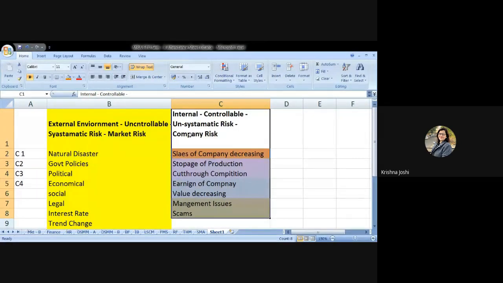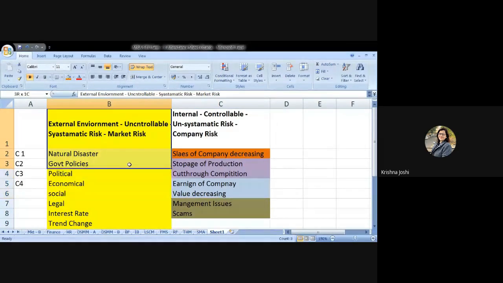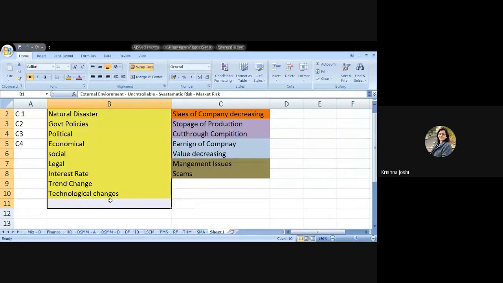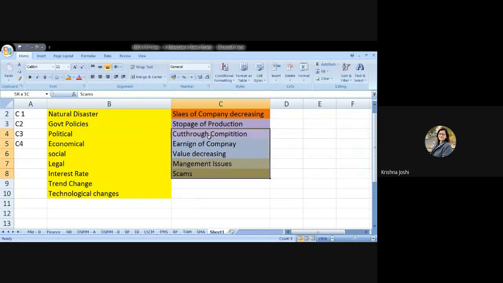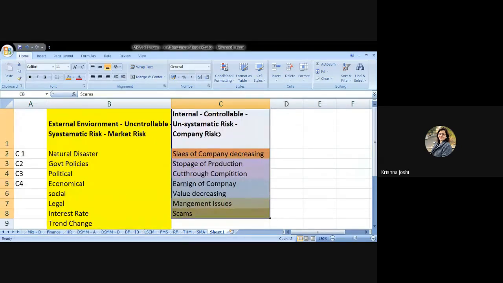On the other hand, the share price also bears unsystematic risk, which arises due to internal factors, which are controllable and company specific. You cannot do anything about systematic risk, but you can always diversify unsystematic risk, and hence it is also called diversifiable risk.